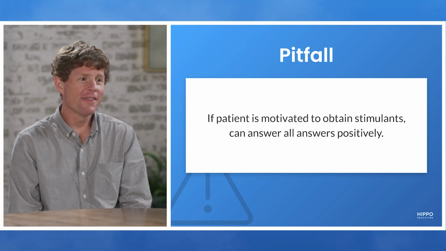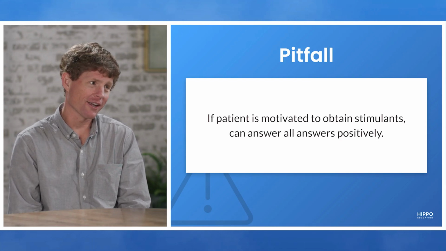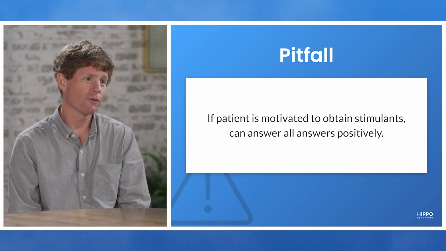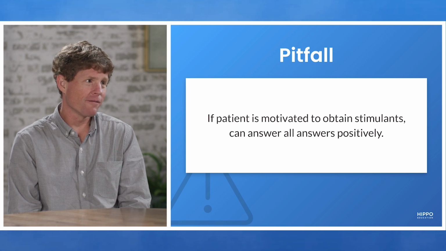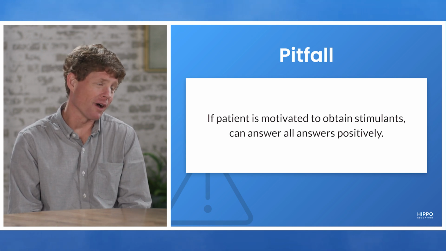Are there any pitfalls with giving this scale to an adult specifically? I think so. Any self-report can be inaccurate. Sometimes there's bias. Sometimes there's recall difficulty. But in general, I find that most people are pretty straightforward and honest with their responses on the ASRS. Got it. And in the work that I do with substance use disorders, I could imagine that someone could over-report with the hope of maybe getting a prescription.